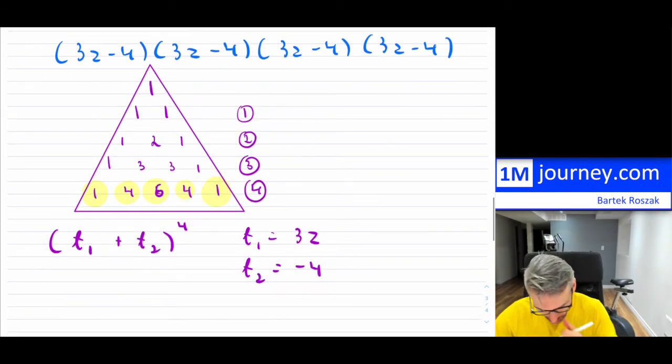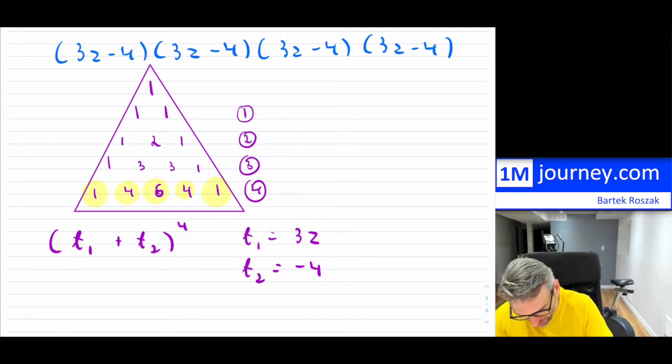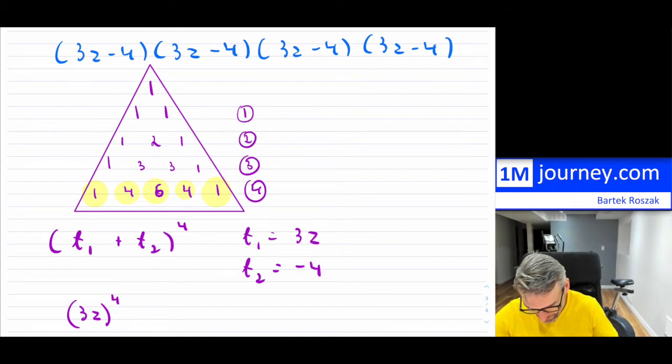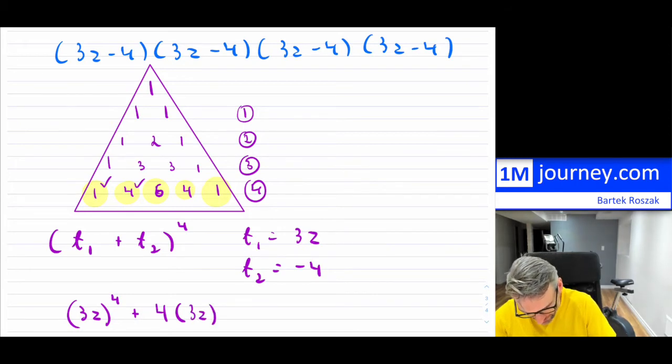And now, in terms of expanding it out, trying to get the whole thing, it's going to be term 1 to the 4, so this is 3z to the 4. Now, it's going to be plus, so you're going to take the coefficients, so you take the coefficient 4 from Pascal's triangle, and then you have 3z, which is your term 1, it goes down in its exponent, so it goes to 3, and then your negative 4 is going to be 1.